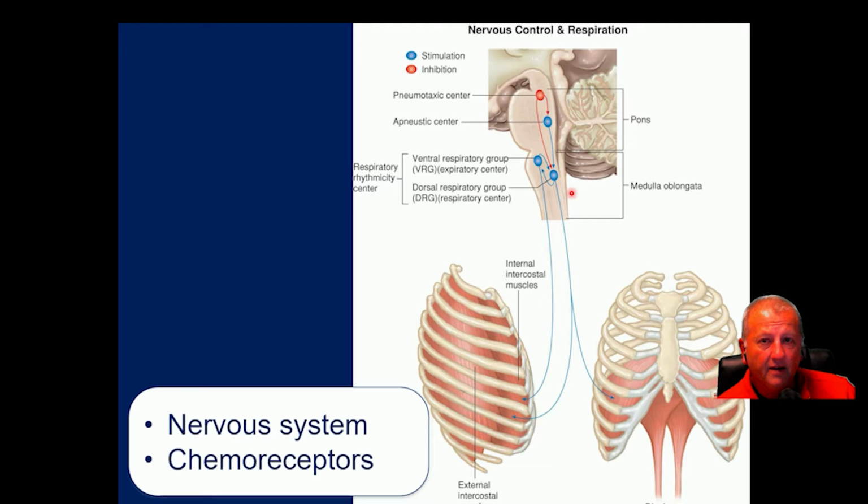See, we have the intercostal muscles here. The medulla oblongata is the respiratory center part of the brain. I mentioned the chemoreceptors. The chemoreceptors are found in the medulla, and these would be the central chemoreceptors. These receptors are going to read CO2 and hydrogen.